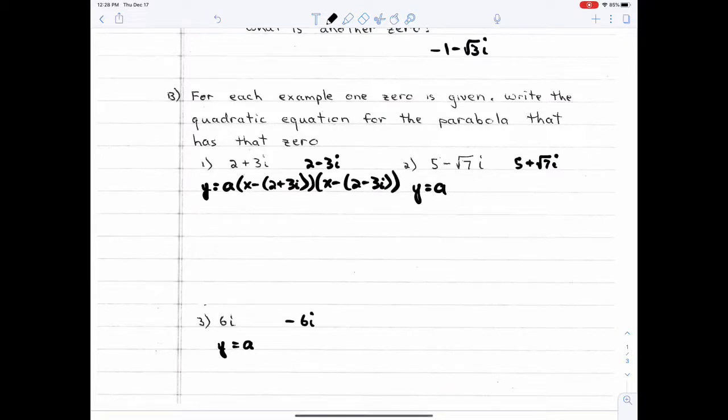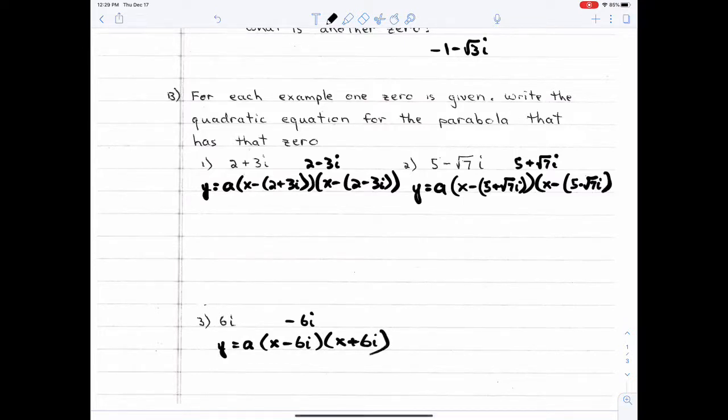And the same thing with this one would give us x minus 5 plus square root of 7i, and this would be x minus 5 minus square root of 7i. All right? And this one would be x minus 6i times x plus 6i.